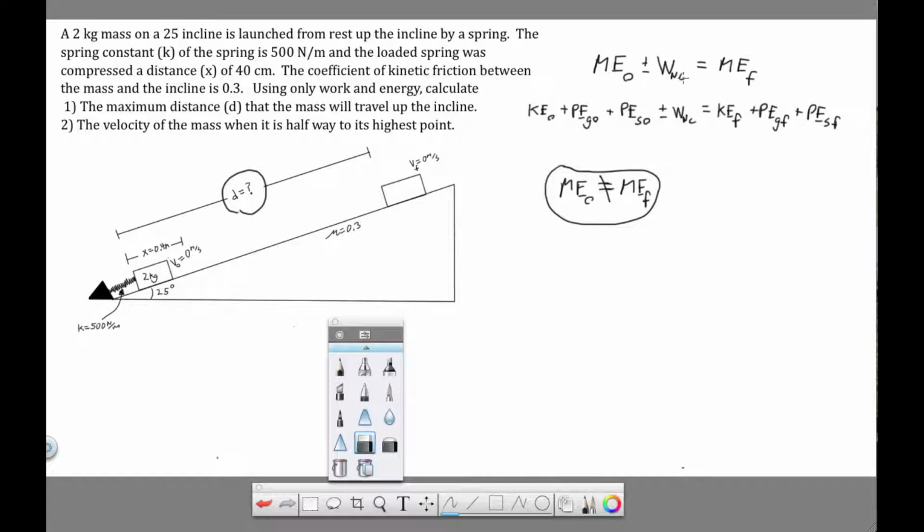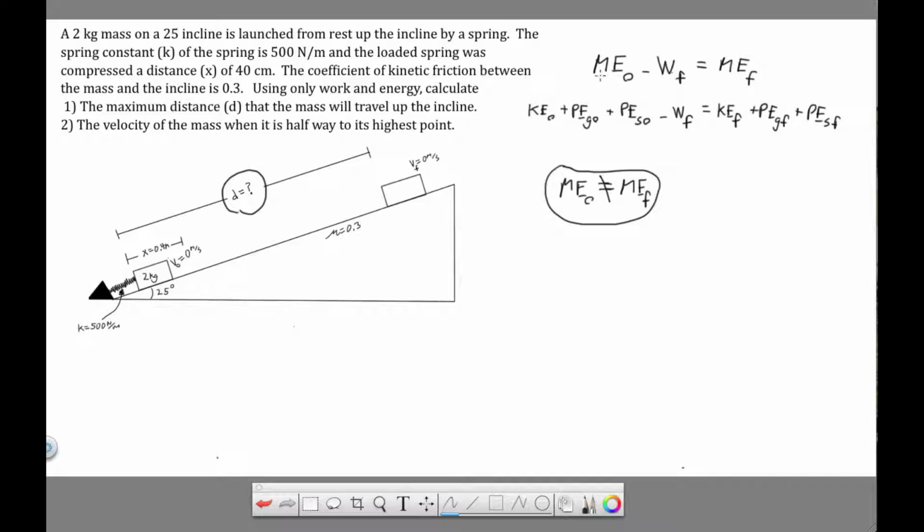So I'm just going to erase the NC here, and we're going to call it what it is. And it's going to be minus. The work done by friction removes energy from the object. So we have mechanical energy initial minus work of friction is equal to mechanical energy final.